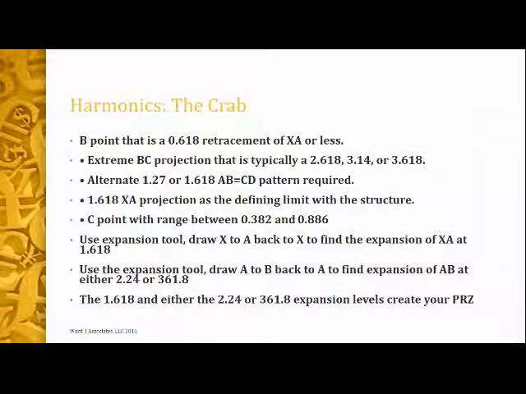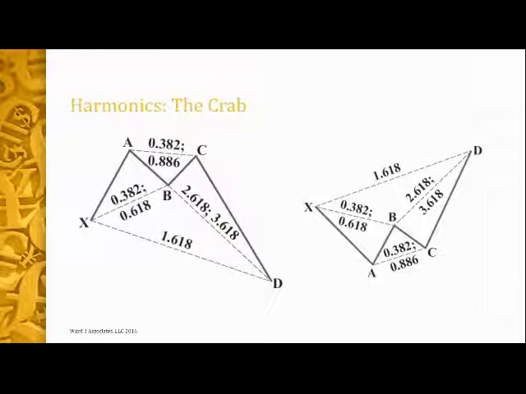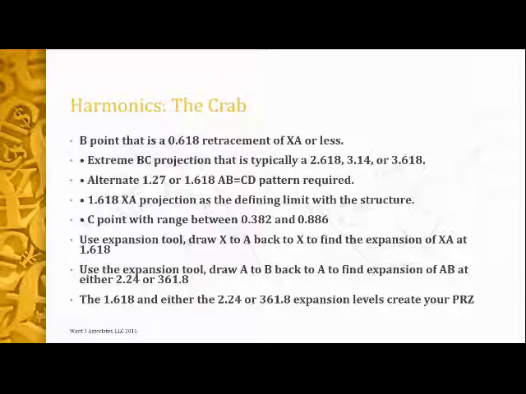An alternate 1.27 or 1.618 AB equals CD pattern is required. That's a lightning bolt pattern. The 1.618 XA projection as the defining limit with the structure, that means the D point.